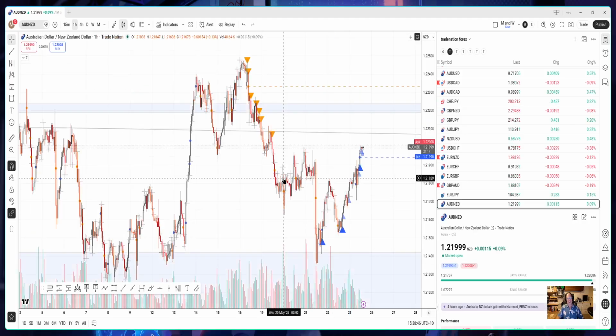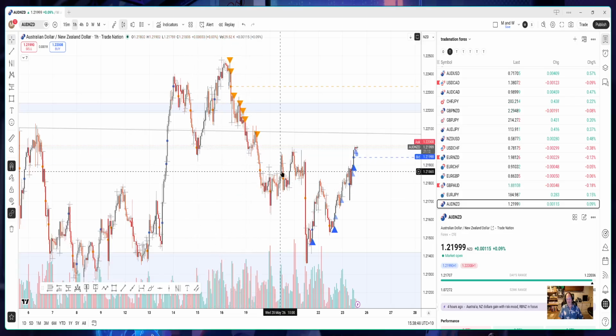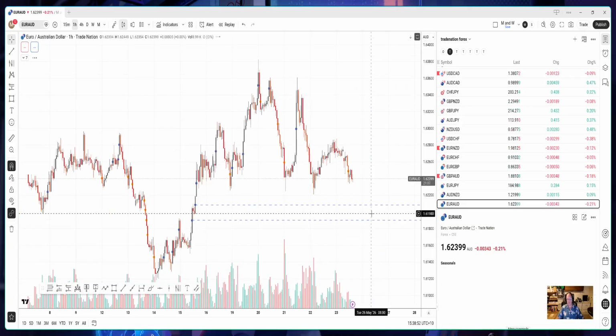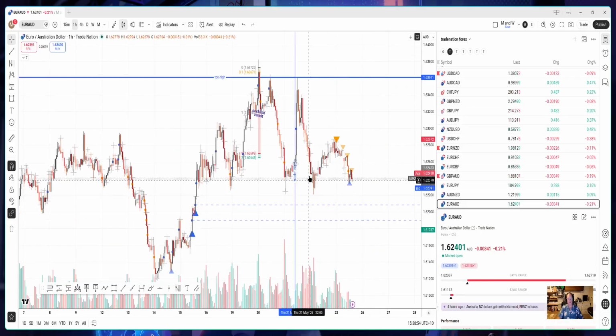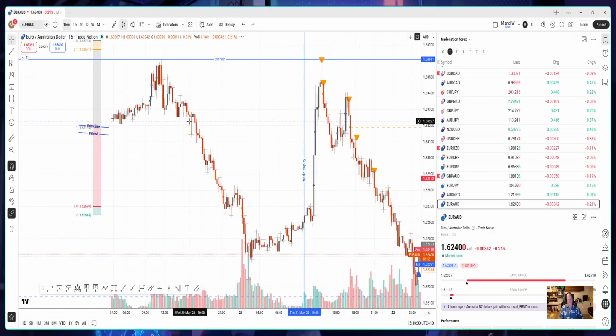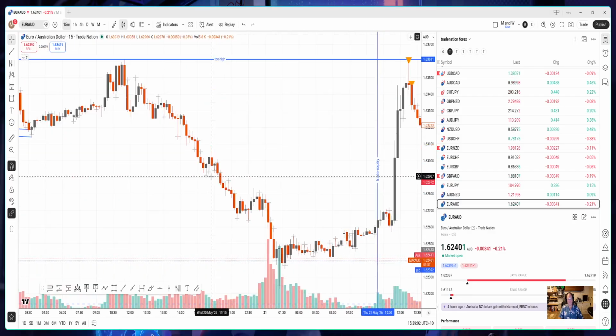See, Kiwi, I mean, you could call that a head and shoulders, but it's way too lopsided and crazy. Euros. That was a head and shoulders, and that must have been a 15-minute. And did it get to?